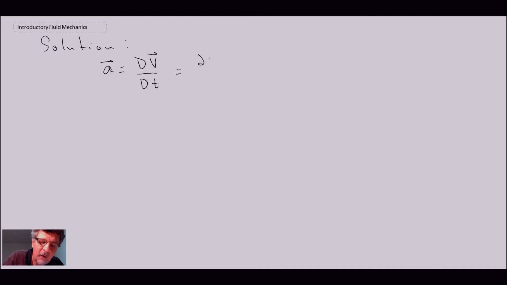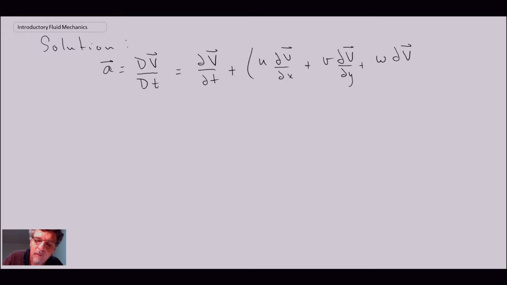You have a local acceleration term, and then you have a convective acceleration term that we said you could express in terms of the gradient. I'm just going to expand that out now. So that's what we have.